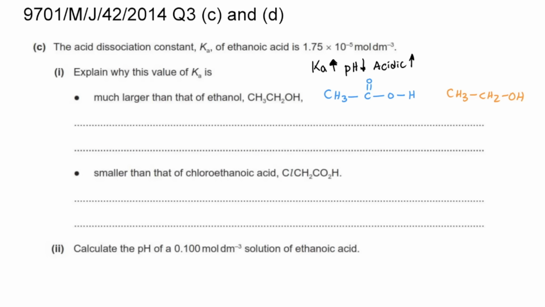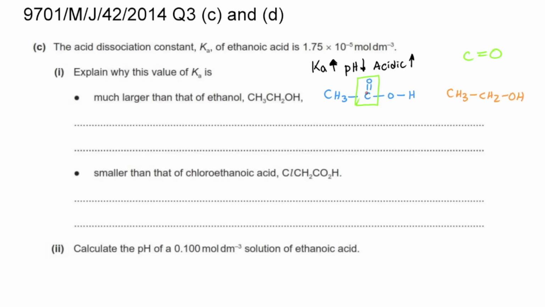There is another reason why the ethanoic acid compound is able to release more hydrogen ions than ethanol, and that is because it has an electron withdrawing carbonyl group, which is this group, the carbonyl group. What does it mean when I say an electron withdrawing group?